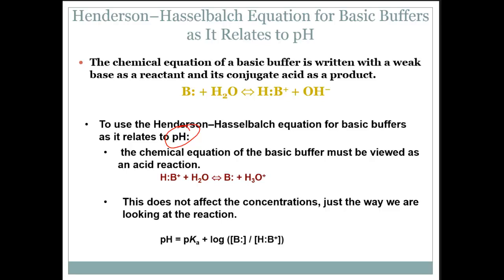This does not affect the concentrations, just the way you're looking at the reaction itself. So this is what we're used to seeing. The conjugate base is on top, while the acid is on the bottom. Well, now the base is on top and the conjugate acid is on the bottom.